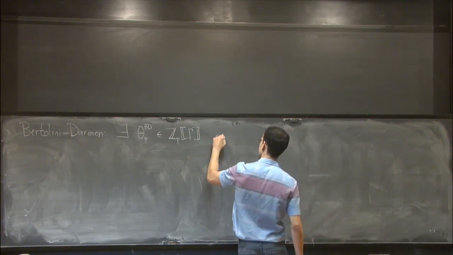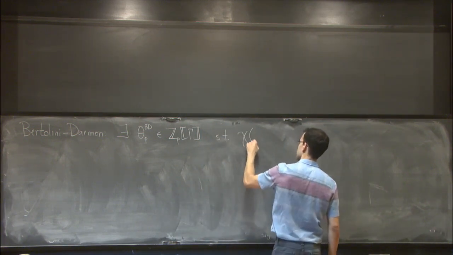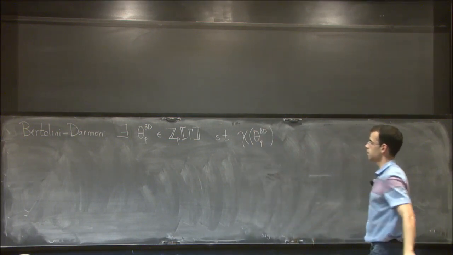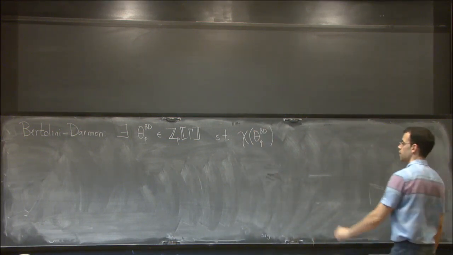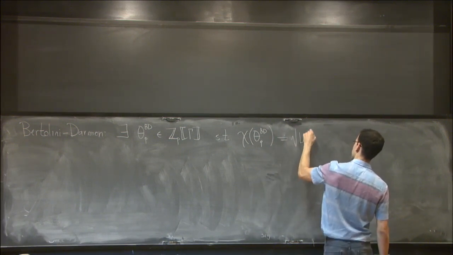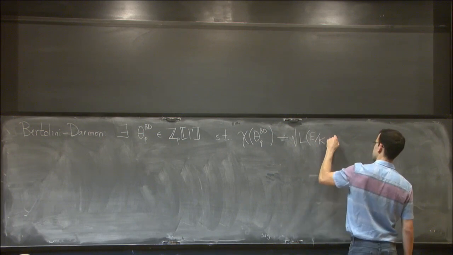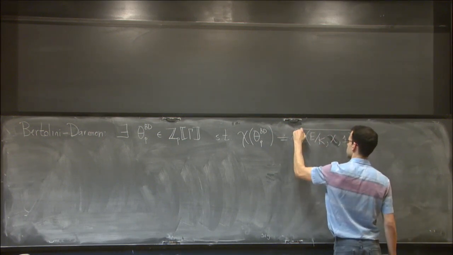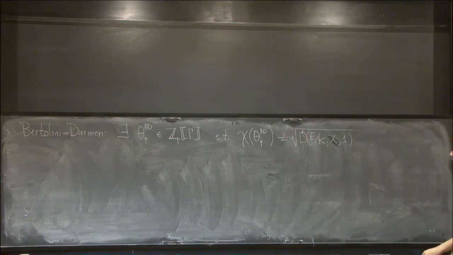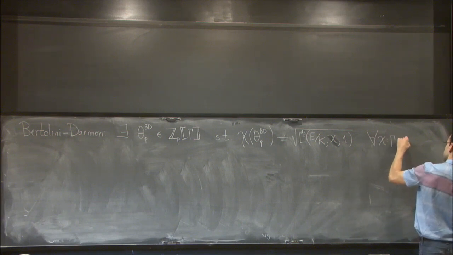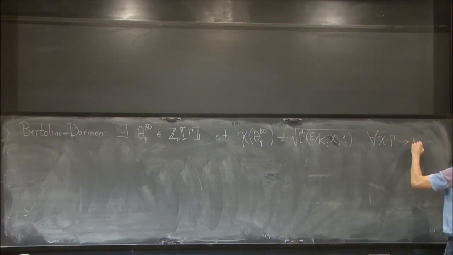When I denote by this the value of this theta element at any character, this recovers essentially the square root of the L-value of E over K at s equal to 1, for all finite p-power order characters.